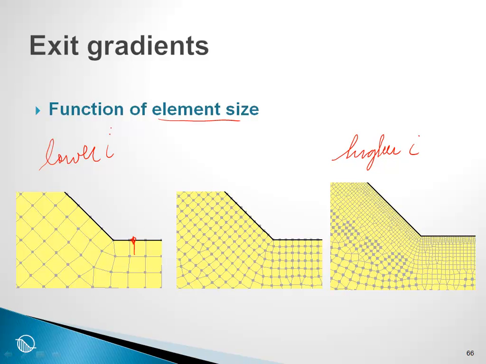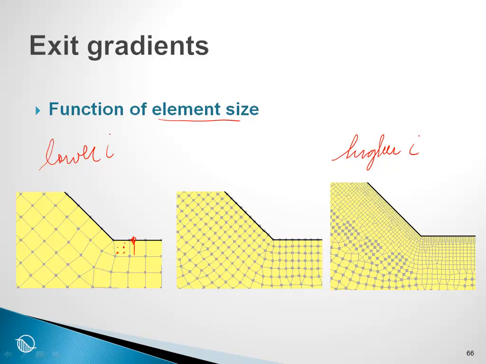The reason for this is that we are computing the gradients closer and closer to the surface. With a large element, we are computing gradients that are some distance away from the surface. When we are using very tiny elements, then we are computing the gradients closer to the surface, and as we move theoretically toward the surface, the gradient becomes infinitely large.